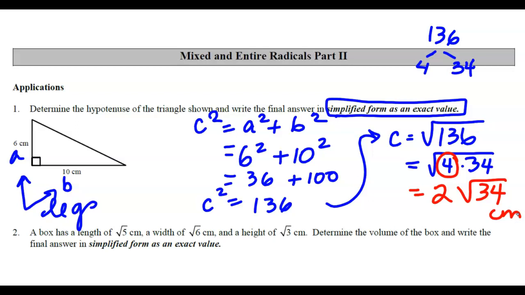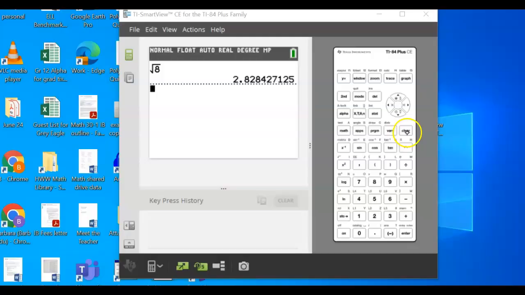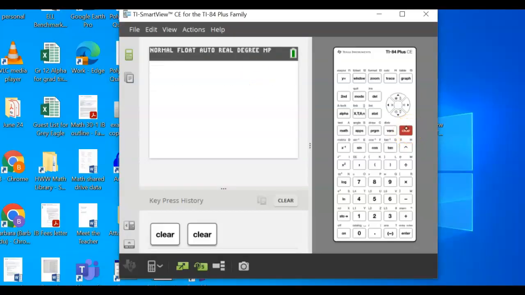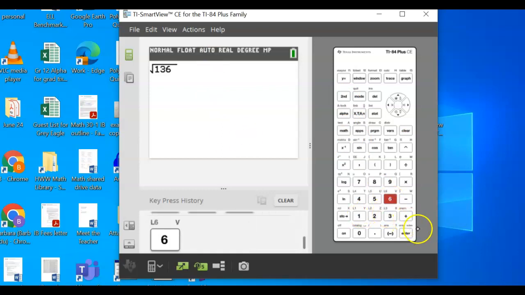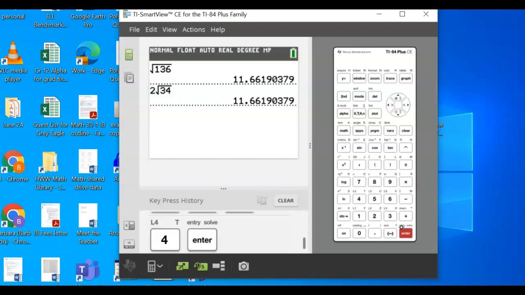Okay. So let me just check. My calculator, my TI, is not going to simplify it. But if I put in the square root of 136, and then I put in 2 square root of 34, you can see I get exactly the same value, decimals.